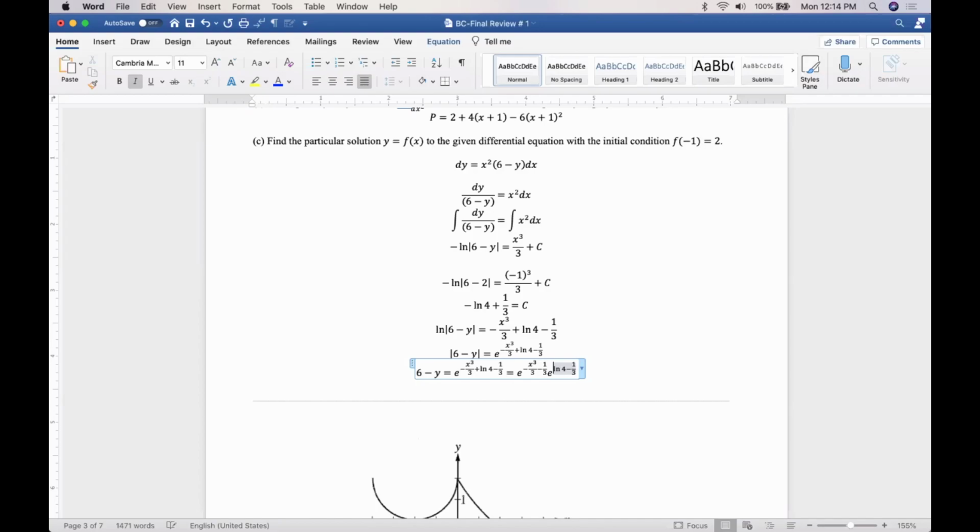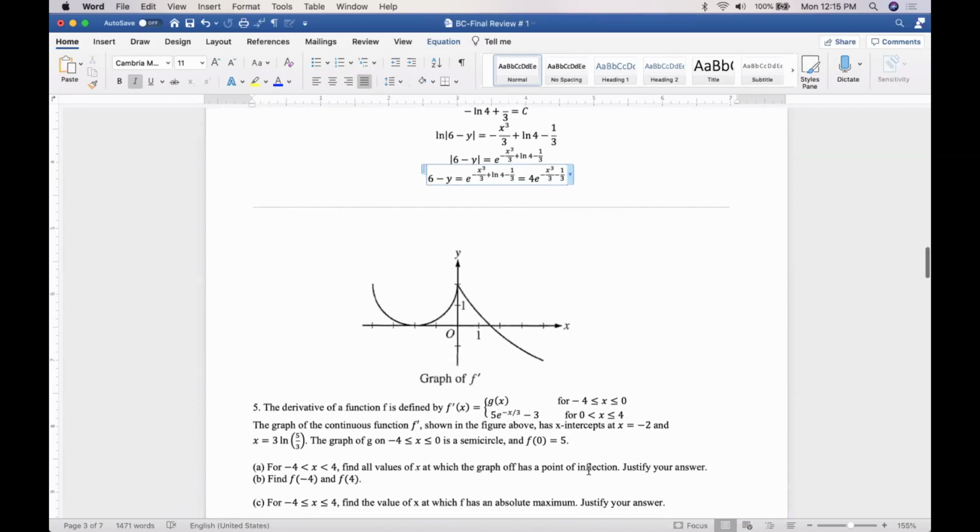It's not negative ln of 4. Okay, that's what it is. And e to the ln of 4 is actually 4, so you can put that 4 in the front as multiplication. Whenever you have e raised to ln, we can write it as a whole number multiplied, not added. That would be it. Yes?